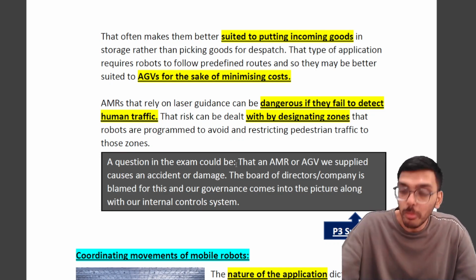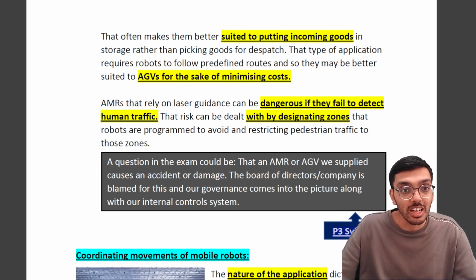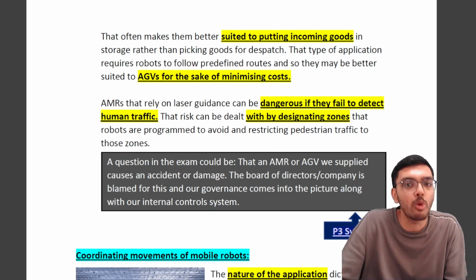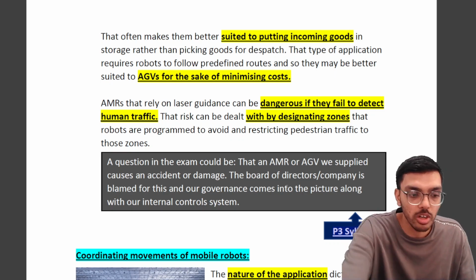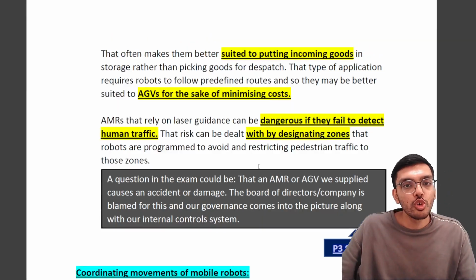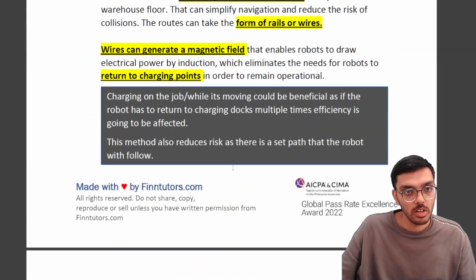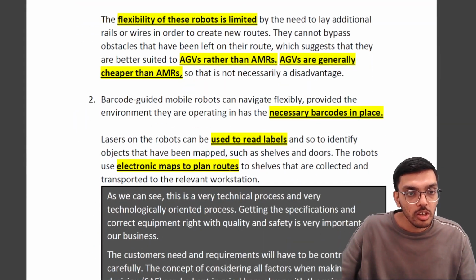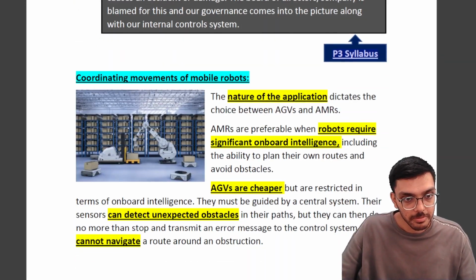So they can ask you about governance, they can ask you about internal control, which is in your P3 syllabus, because all of this happens since technology, yes, is good, but it's not 100% reliable. So we did three kinds of robot systems: your linear route, which has set paths, your barcode guided, and laser guided.